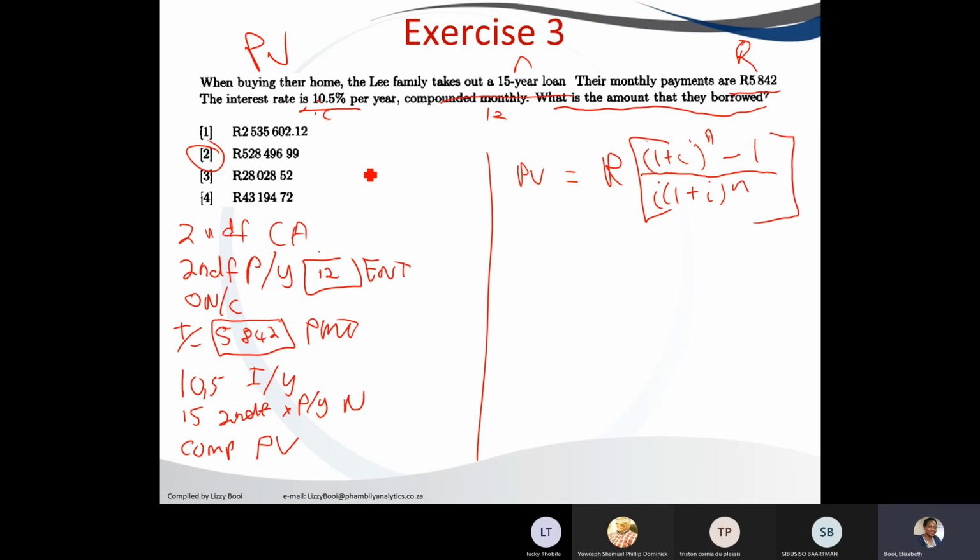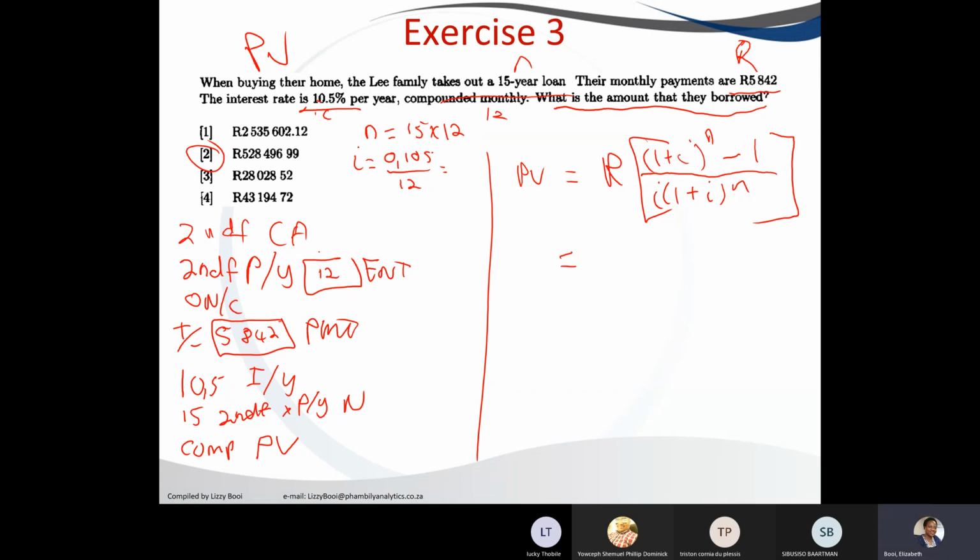But before we do that, we know that our N is 15 times 12, and we know that our I will be 0.105 divided by 12, and that is what we're going to substitute into our formula. So 0.105 divided by 12 equals 0.0088.